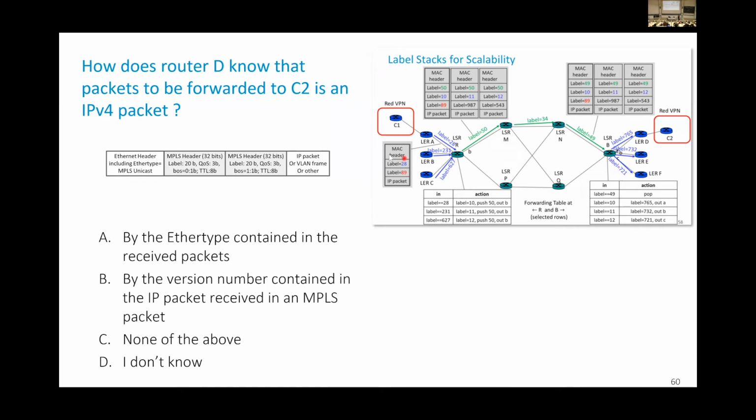It's here, okay, thank you very much. So how does router D here know that the packet to be forwarded to C2, this one here, is an IPv4 packet here? And this is how the packet would look. If we do a Wireshark of the packet before it reaches B, this is how we'll see that.